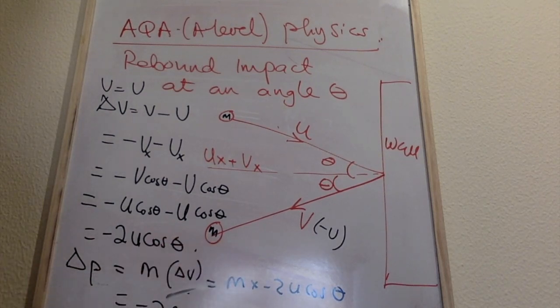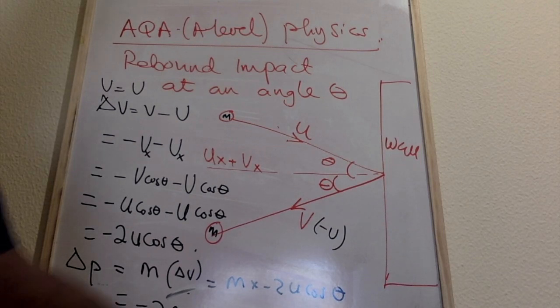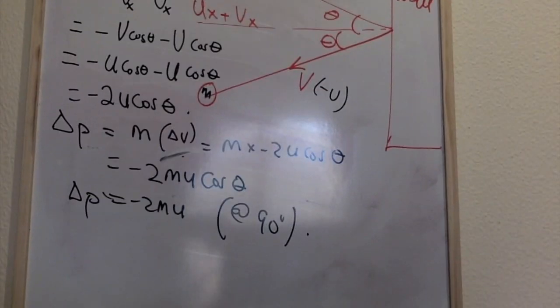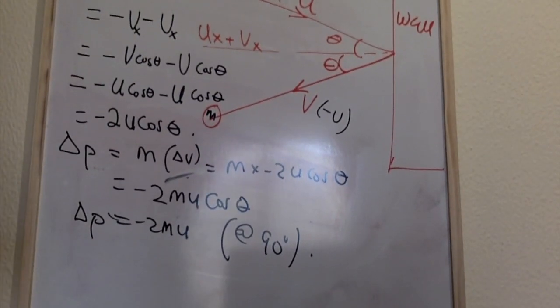So you will recall that when it was 90 degrees, we only have delta p to be minus 2mu when the ball hits the wall at 90 degrees.